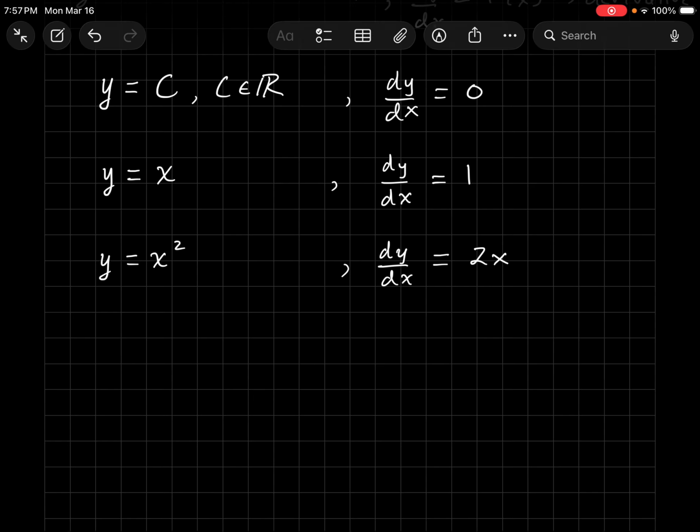We'll try one more. Let's see if you can see the pattern after this one. If the function is y equals x cubed, then the derivative is 3x squared.